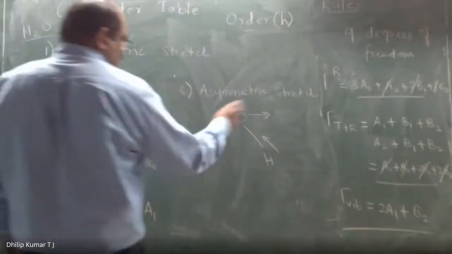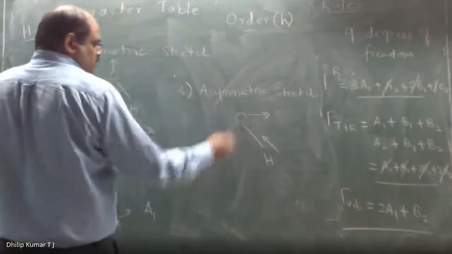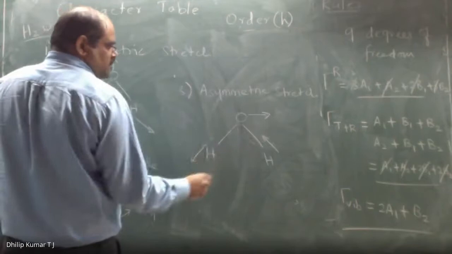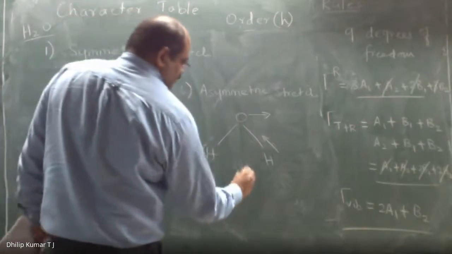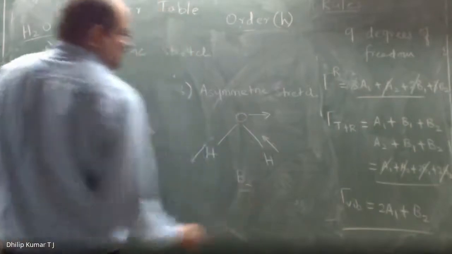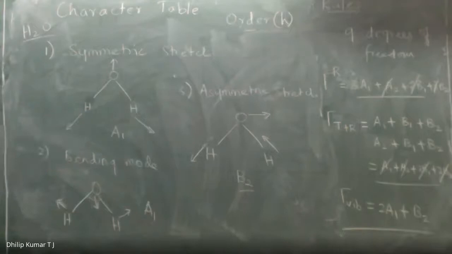So this is the asymmetric stretch, and this will have B2 symmetry. For this orientation, it will follow B2: for E it is 1, for C2 it is -1, for sigma V prime it is -1, and for sigma V double prime it is +1.